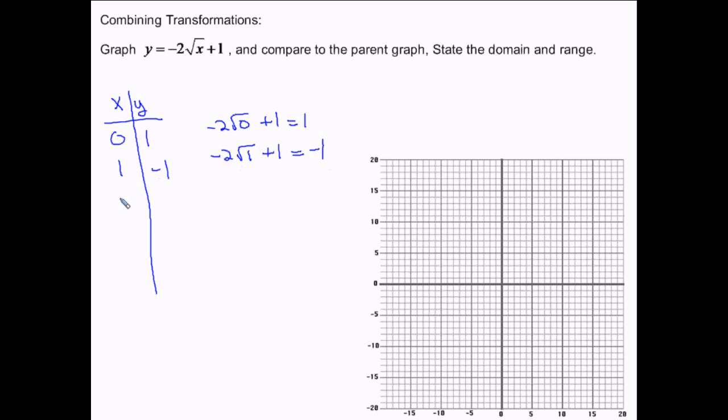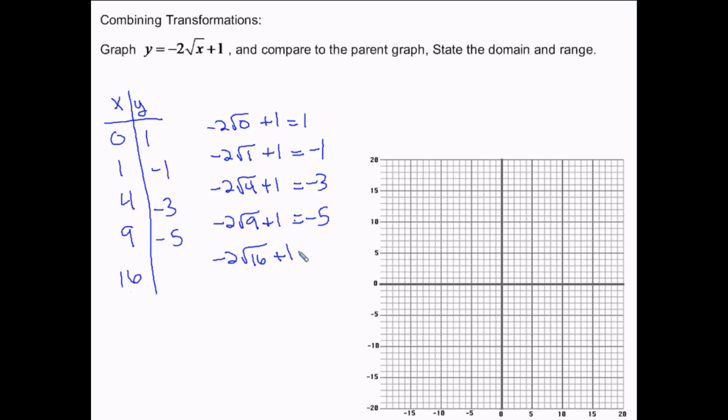I can plug in 4, so negative 4 plus 1 is negative 3. 9 gives me negative 6 plus 1, so negative 5. 16, so negative 8 plus 1, negative 7.